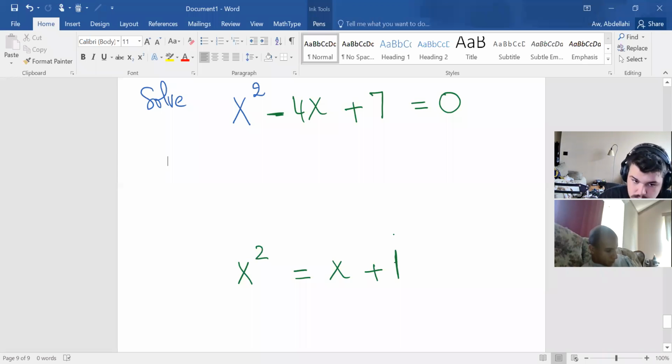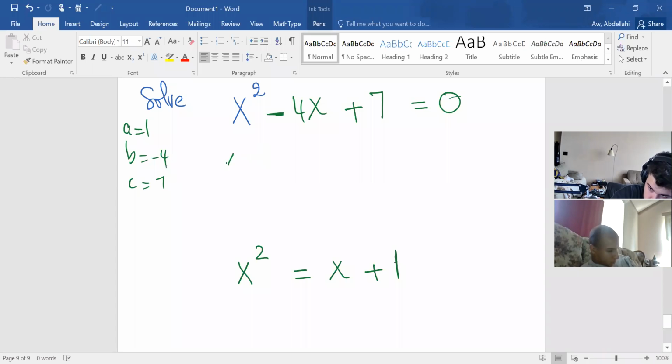All right, so right here, what is A? The first one, what is A, what is B, what is C? A is 1, B is -4, and C is 7. So you see here we have equals 0, right?